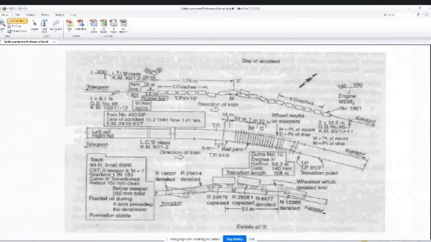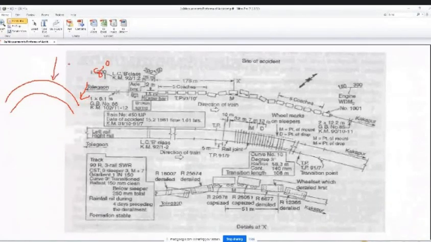For example, say this is an 8 degree curve. In any curve, 2 rails will be there. This is called the outer rail. This is called the inner rail.